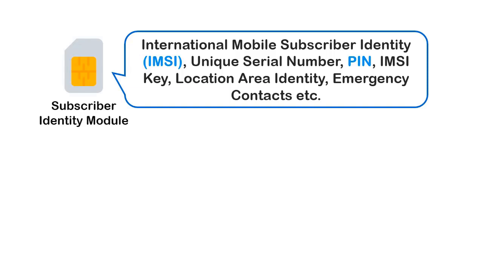Then SIM contained unique serial number for the SIM itself, a PIN number dedicated to SIM, key to unlock the IMSI information, location area identity to identify which area is local to the SIM and which falls under the roaming section, and finally a few emergency contacts.